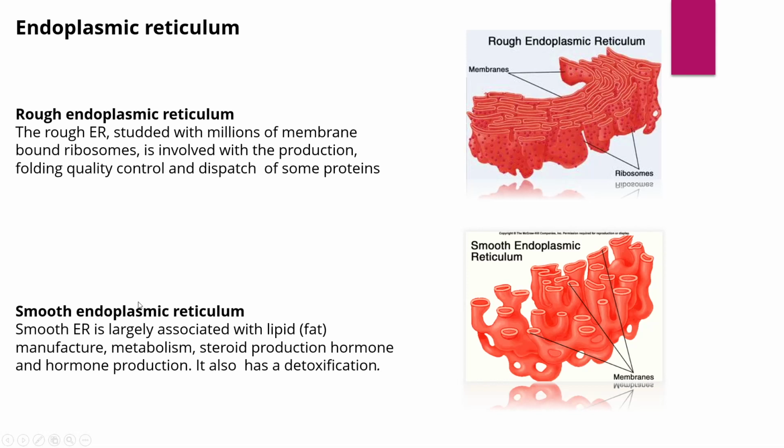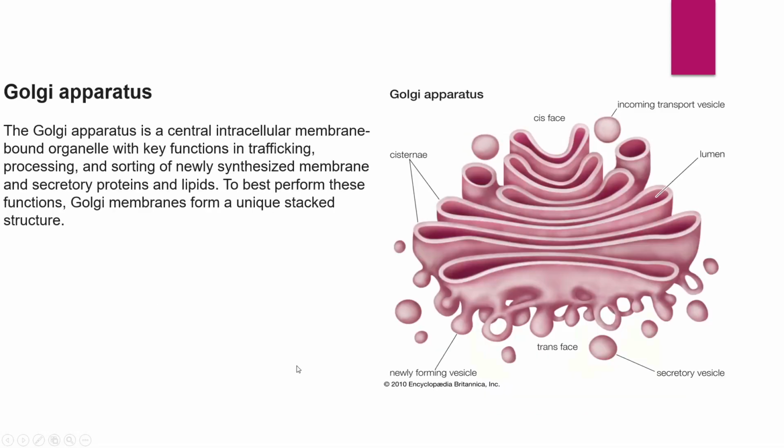The smooth endoplasmic reticulum, smooth ER, is largely associated with lipid or fat manufacture, metabolism, and steroid hormone production. It also has a detoxification function.